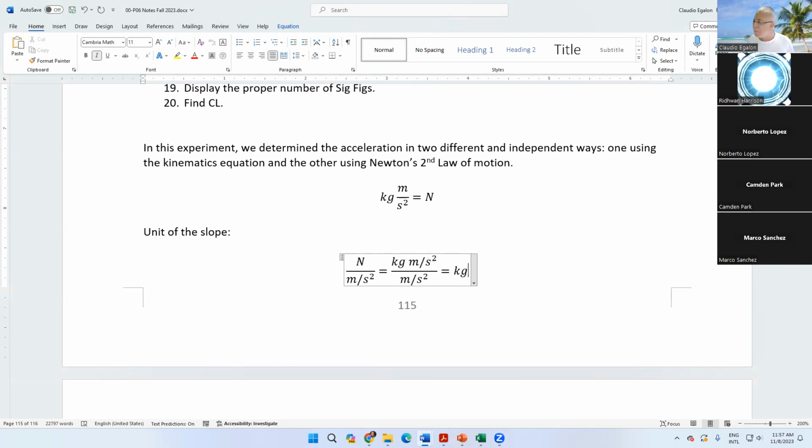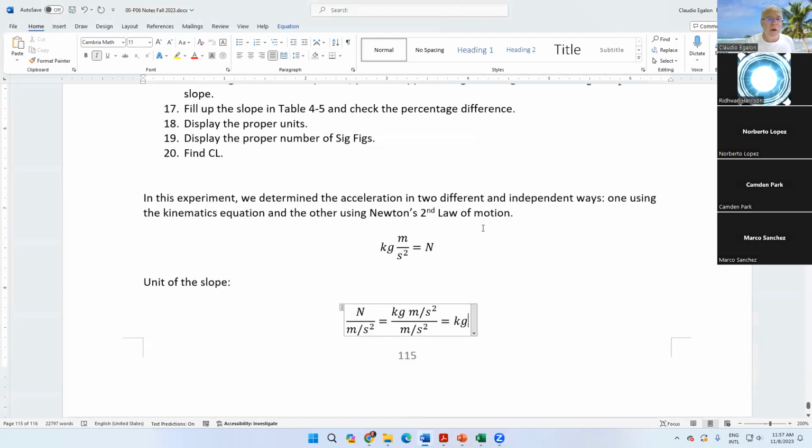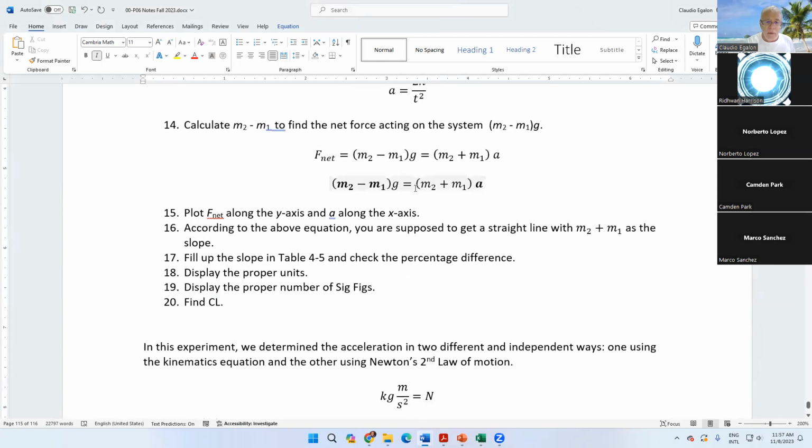You get kilogram. Which should be, the slope is what? The slope is, just like I mentioned before, this term here, M1 plus M2, which has a unit of kilogram.